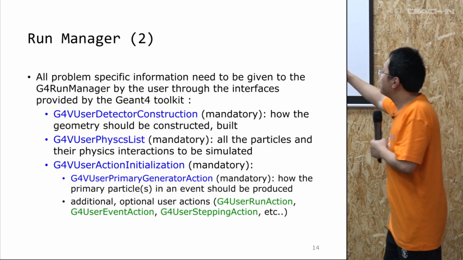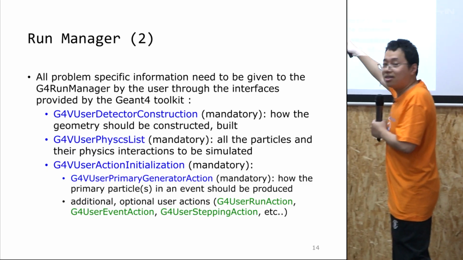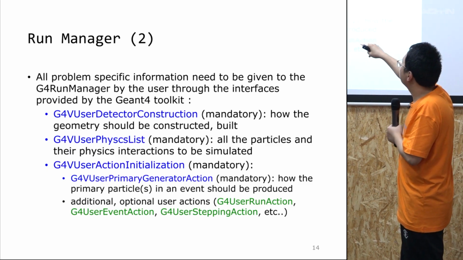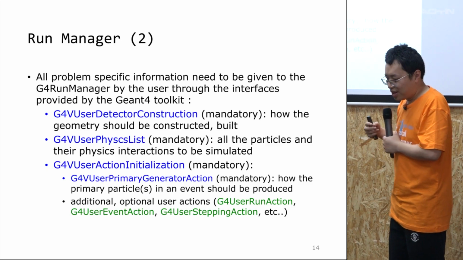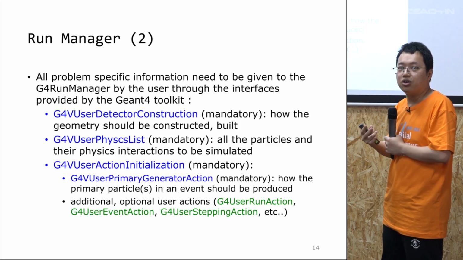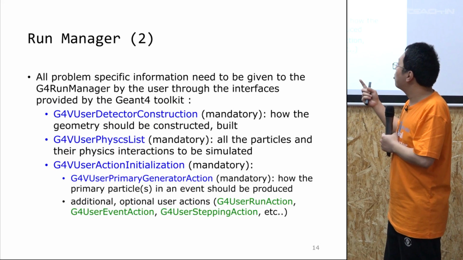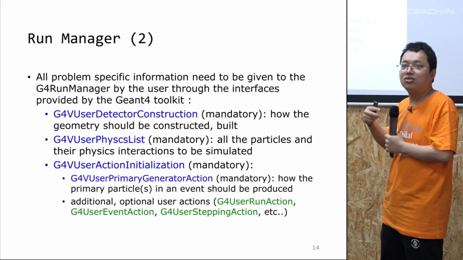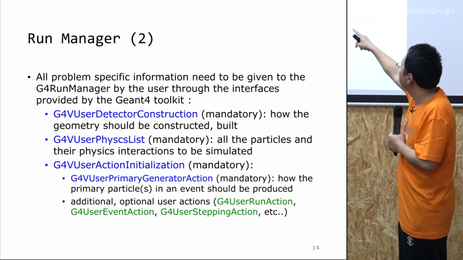These are some classes you can find in Geant4. As you know, different users may have different requirements, so Geant4 provides such an interface. You can extend all these base classes.